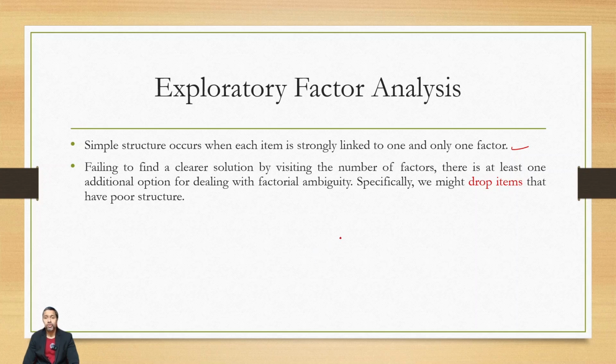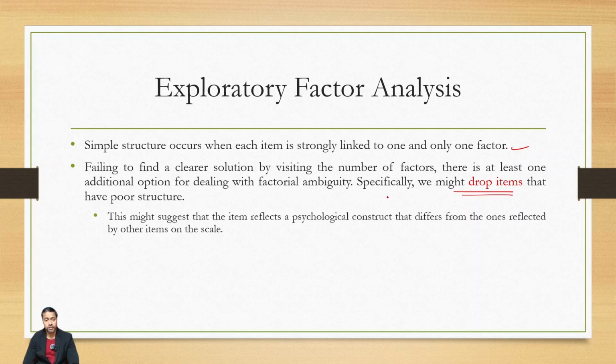So what you can do is drop the items that are causing the trouble. We might drop items that have poor structure, and this might suggest that the item reflects a psychological construct that differs from the ones reflected by the other items in the scale. That may be because the item is not actually representing the psychological construct, since the assumption is that each construct, dimension or factor is represented by its items.